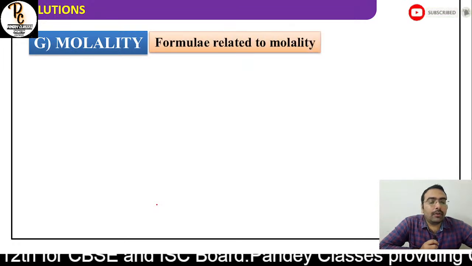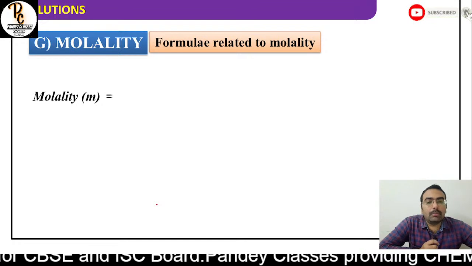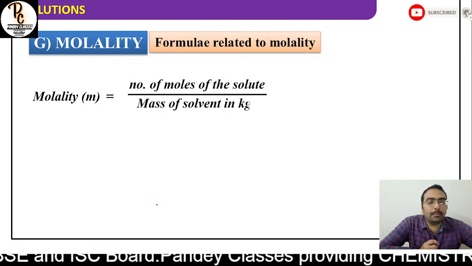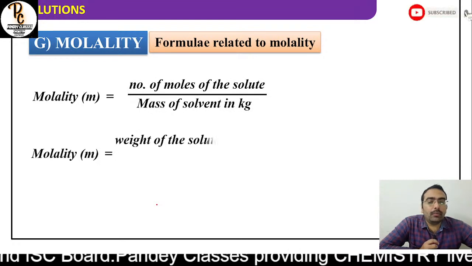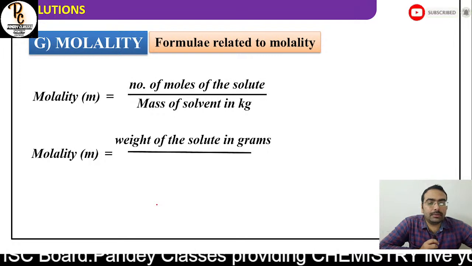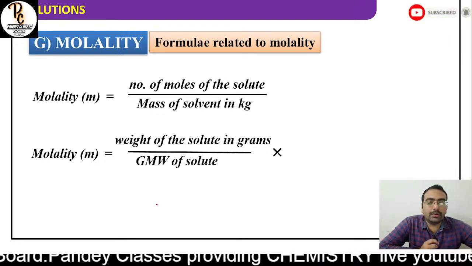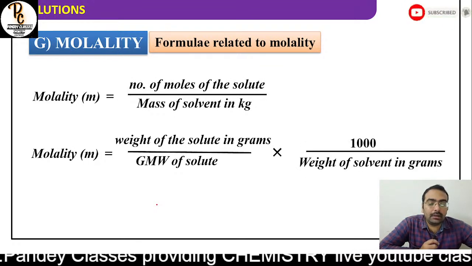Then the formulas related to molality are very important. Molality is the number of moles of the solute upon mass of solvent in kg. Then molality is the weight of the solute in grams upon gram molecular weight of solute, times 1000, divided by the weight of solvent in grams.